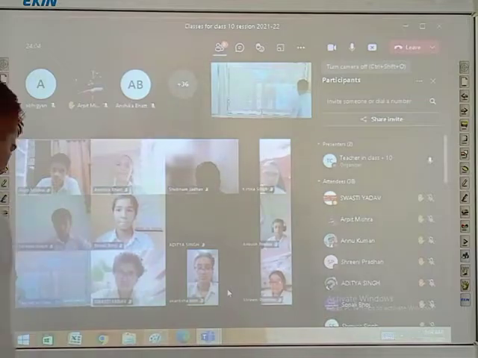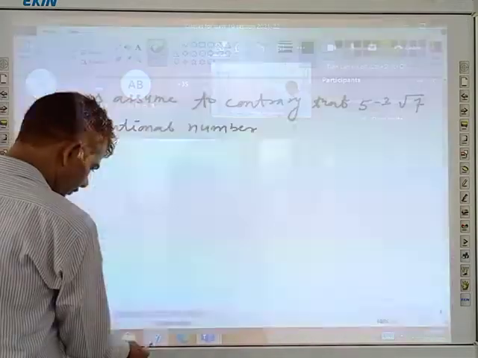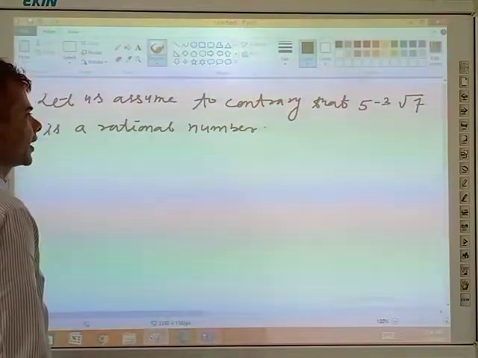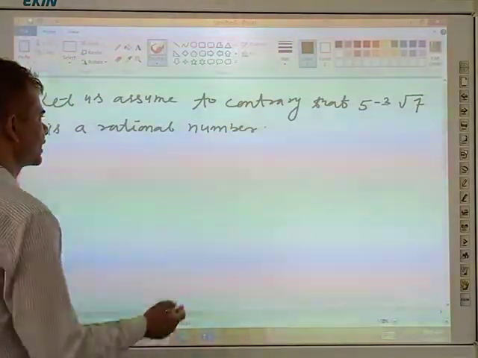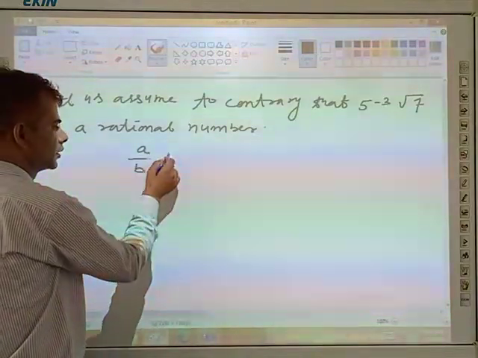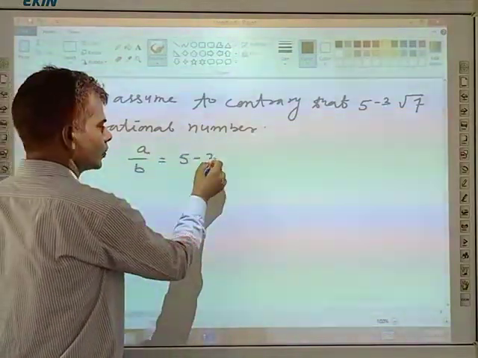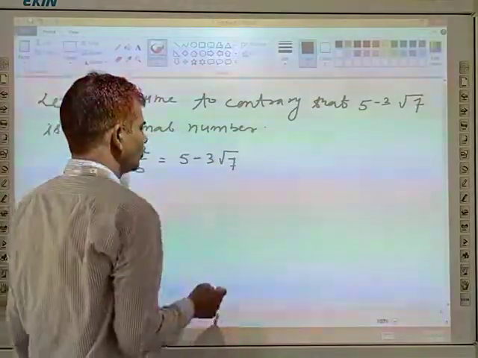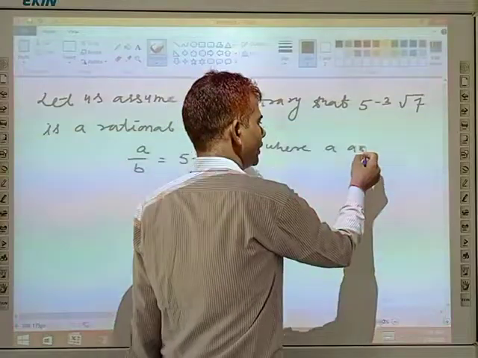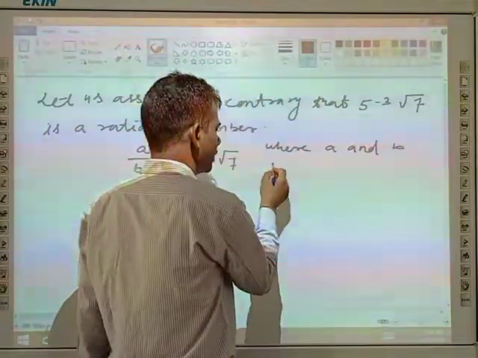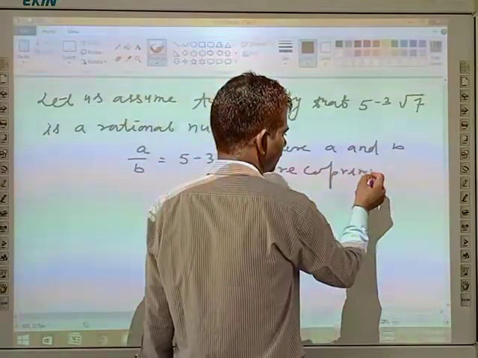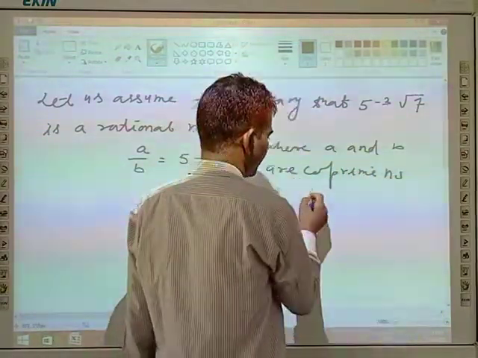Very good. Let us assume to the contrary that 5 minus 3 root 7 is a rational number. It can be represented in the form of a by b, where a and b are co-prime numbers and b is not equal to 0.